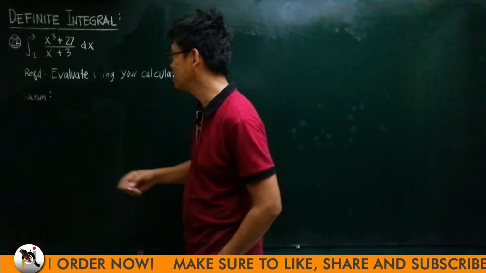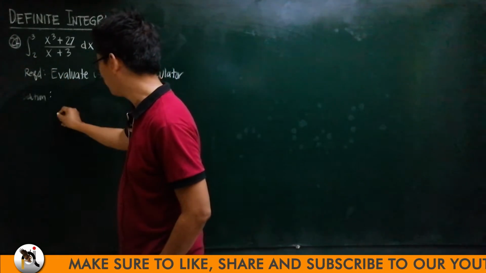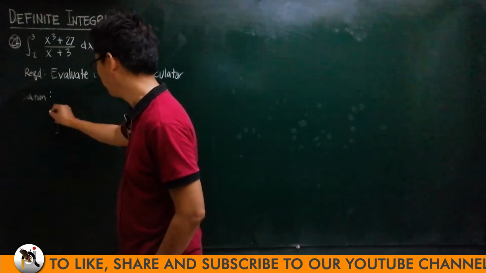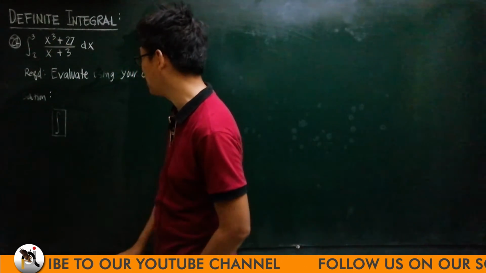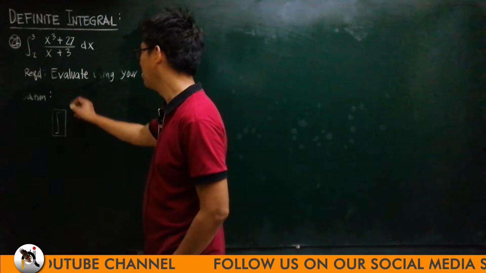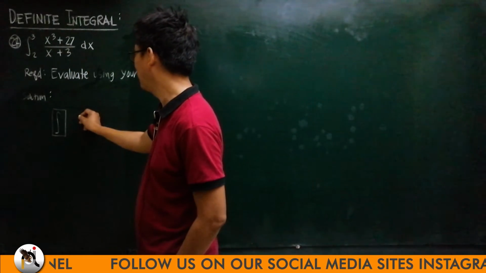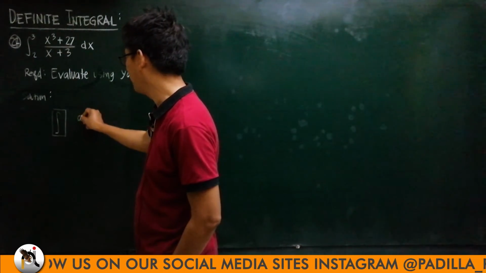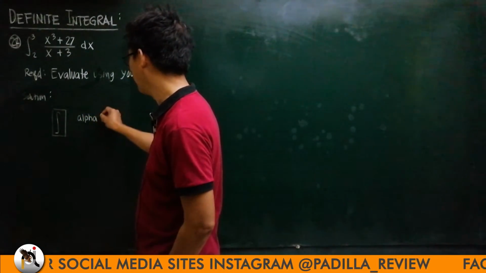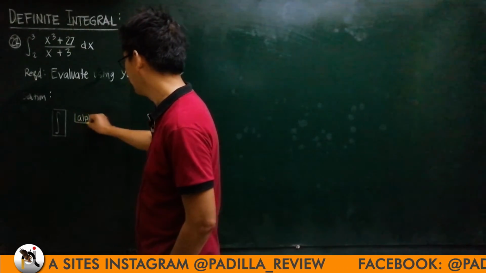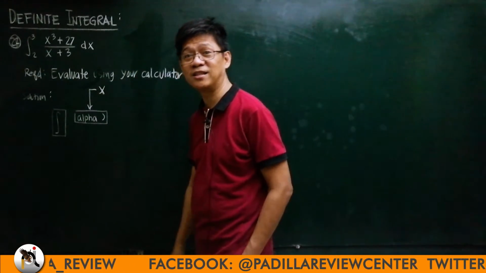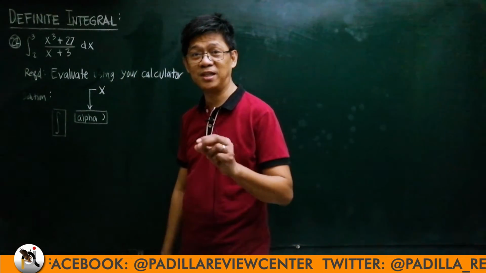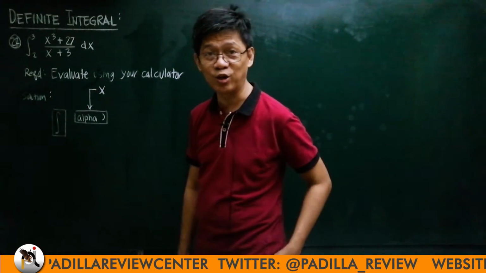So, to do this, in your calculator, press the integral key. Then, you press x cubed plus 27. So, this will be alpha x, no? So, alpha, close parenthesis. This is the key for x. It may be done in two ways. It may be the exponentiation or the direct cube key.